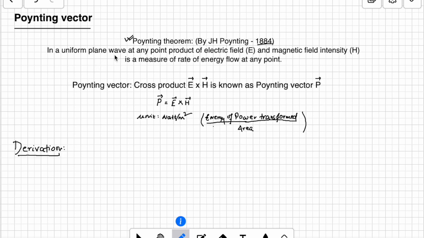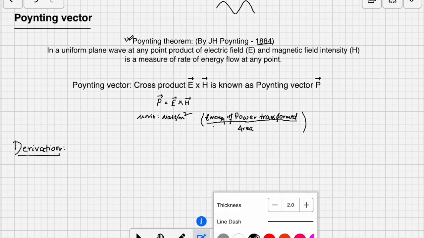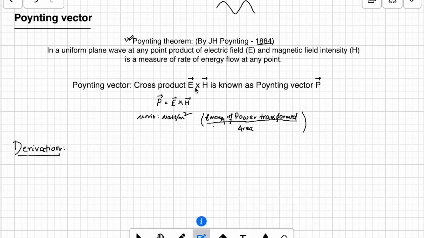So in a uniform plane wave, at any point, whenever you're considering a wave, it has an electric field and a magnetic field which are perpendicular to each other. If this is the electric field, the magnetic field will be in a plane perpendicular to it, something like this.